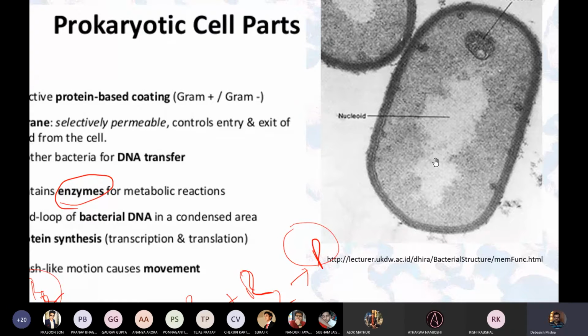Why is it lighter in color? It should be dense, like a nucleus is dense. But the cytoplasm contains maximum protein and ribosomes, which give electron beam opacity to the cytoplasm.